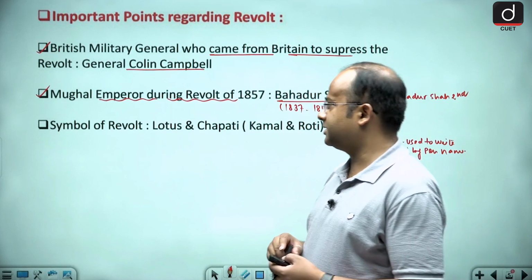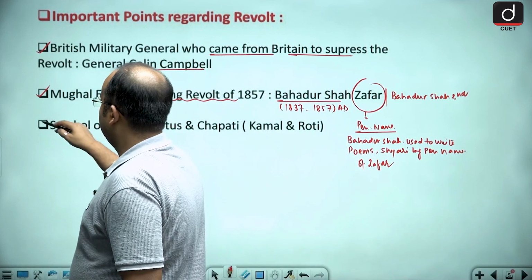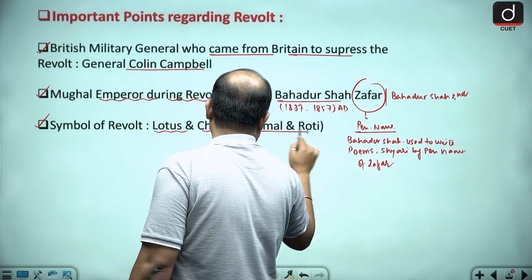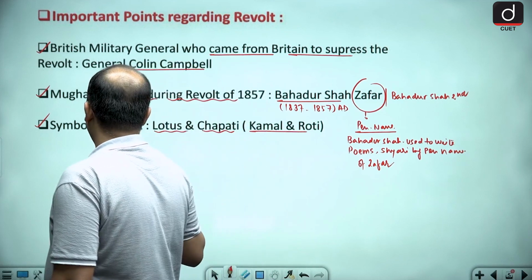Now, what was the symbol of the revolt of 1857? The symbol of the revolt of 1857 was lotus and chapati, which is called kamal and roti. Now, why lotus?